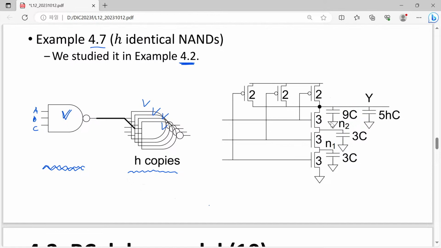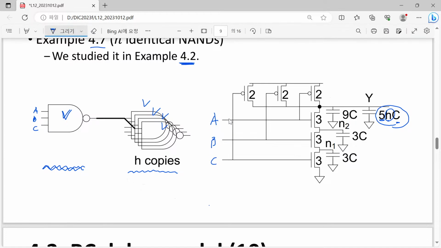So in this case, here we have H times 5 times C. Why do we have this? Because each input A, B, C has an input capacitance of 5 times C, because here we have one from the P MOSFET and one from the N MOSFET. So they contribute equally. So we have 5 times C.